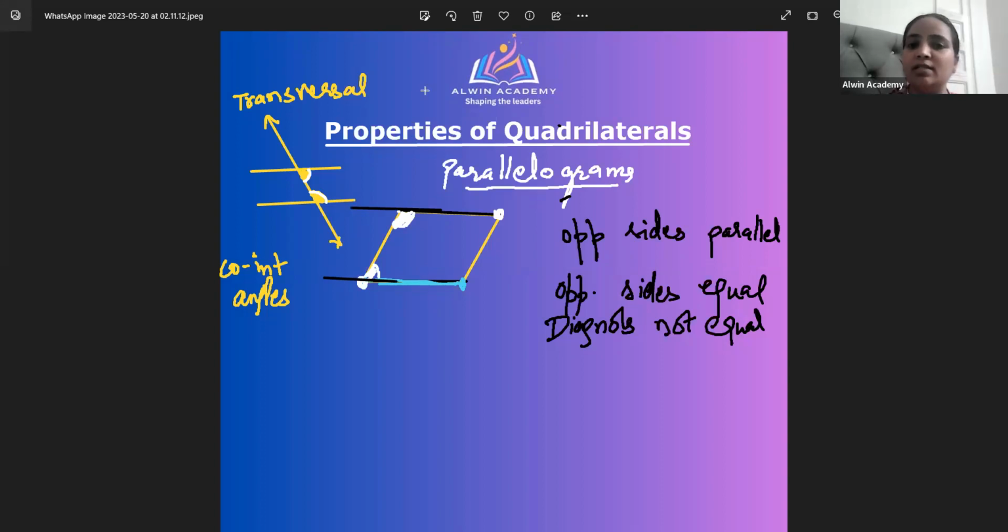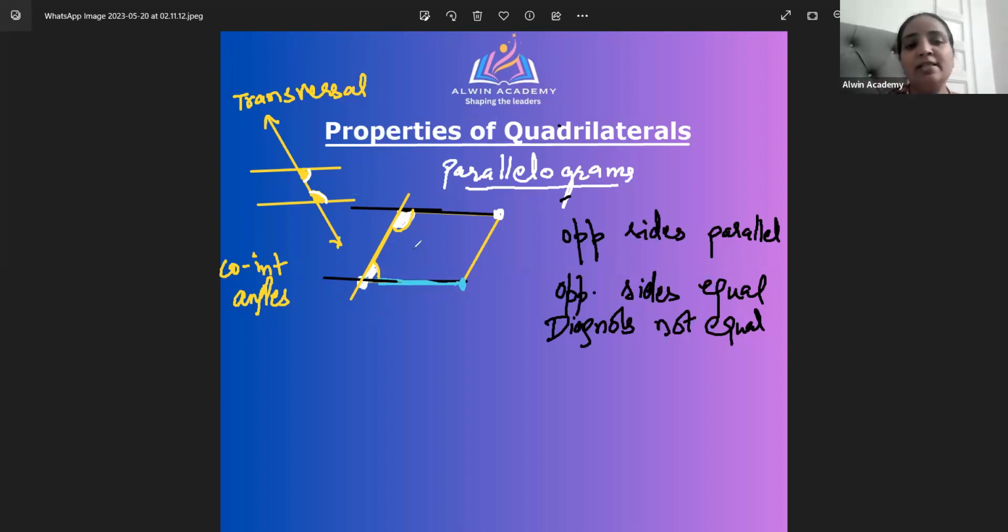Right now we are roughly understanding it. So it's okay if lines are going a little here and there. Right, bachche? In this diagram also, this yellow one is my transversal and the black ones are parallel lines, right? And these two angles that I have got are co-interior angles. Iska matlab their sum should be 180, right or not?